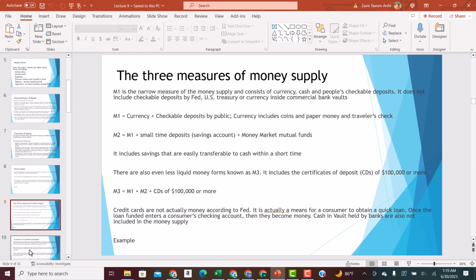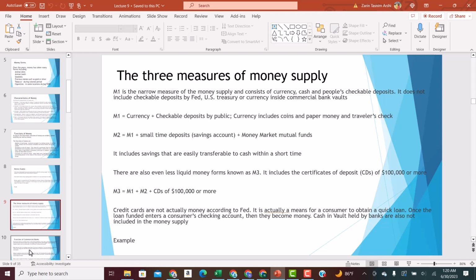The next measure of money supply used by the Fed is called M2. This is a little bit broader measure of money supply. It includes everything in M1: cash, coin, paper currency, traveler's checks, as well as checking account deposits. Plus, it includes savings accounts, which are less liquid, because sometimes it's hard to take the money out. You may have to pay a fee to take out the money. So savings accounts are added in M2.